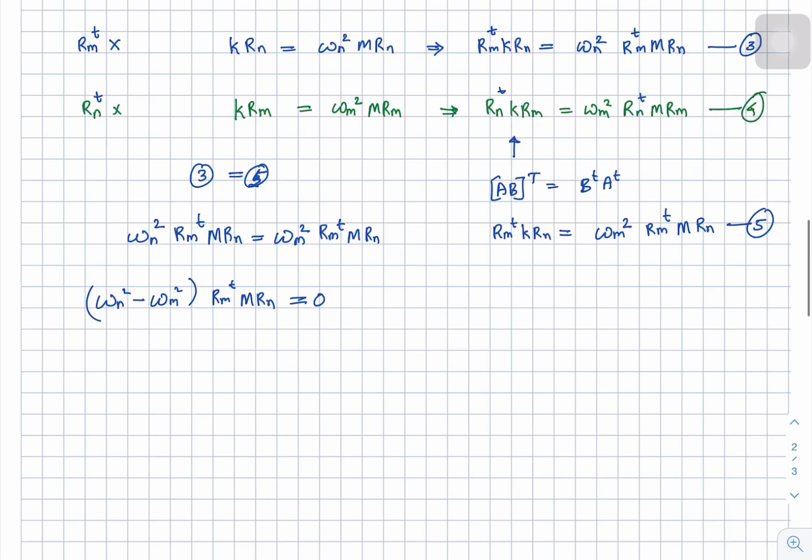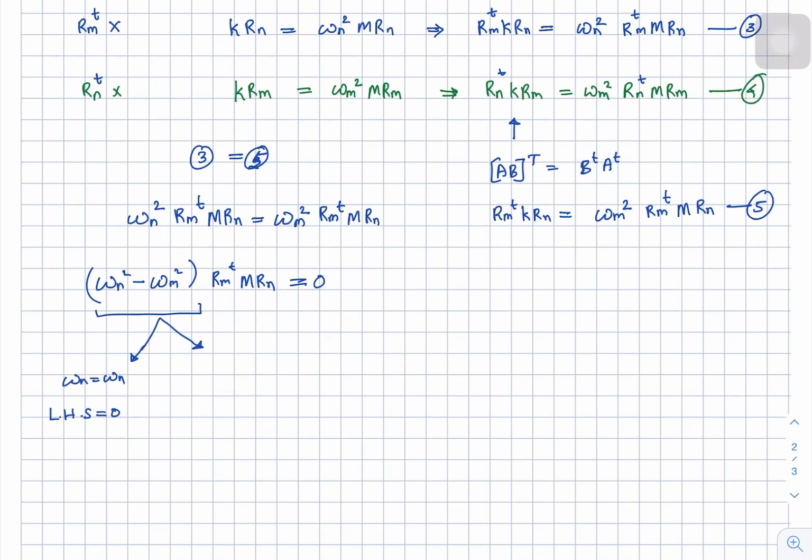Now this omega n and omega m. From here the problem can divide into two. If these two values are the same, if omega n equal to omega m, then this LHS becomes 0 and we can't do anything.